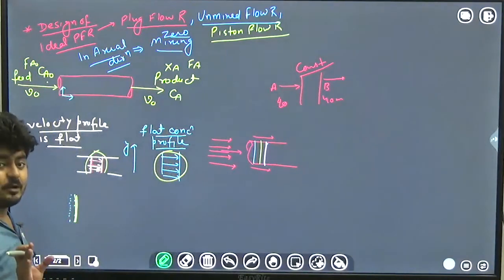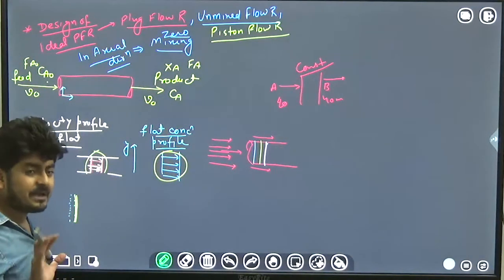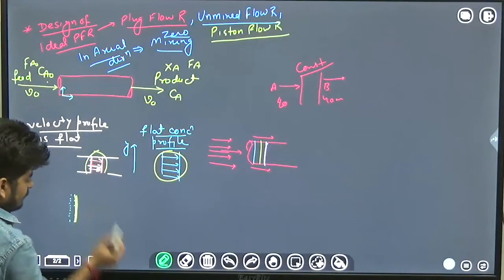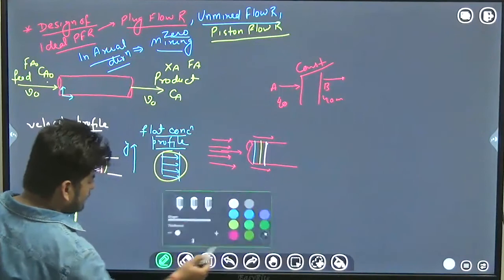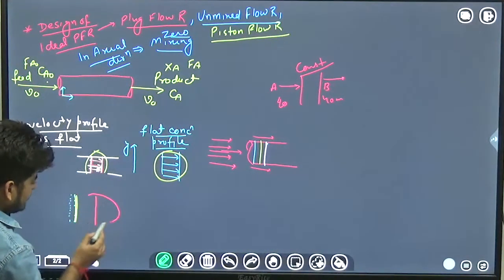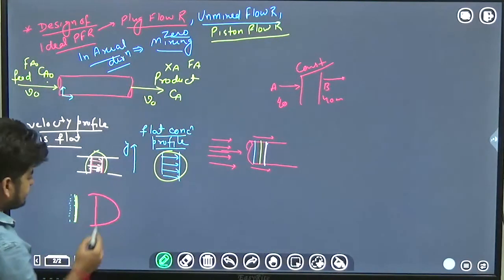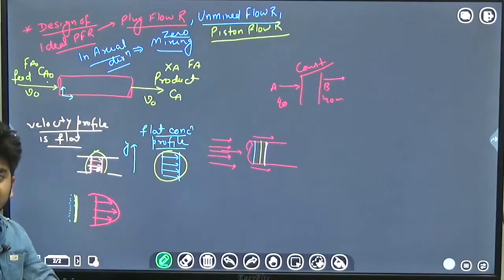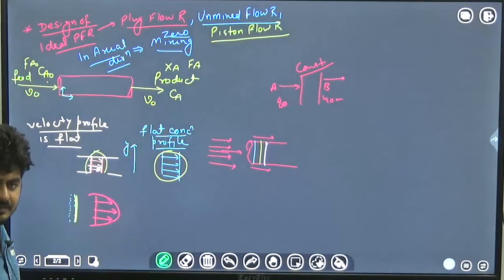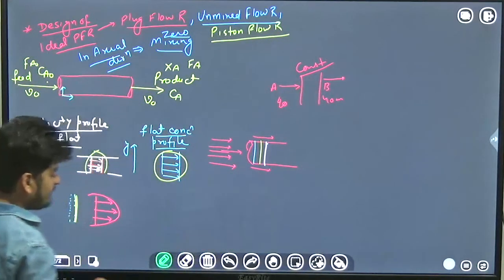Now, suppose the velocity profile is laminar. Laminar means like this, parabolic. Laminar flow regime is there, so the velocity profile will be laminar in the cylindrical pipe. So what is the meaning of this statement?